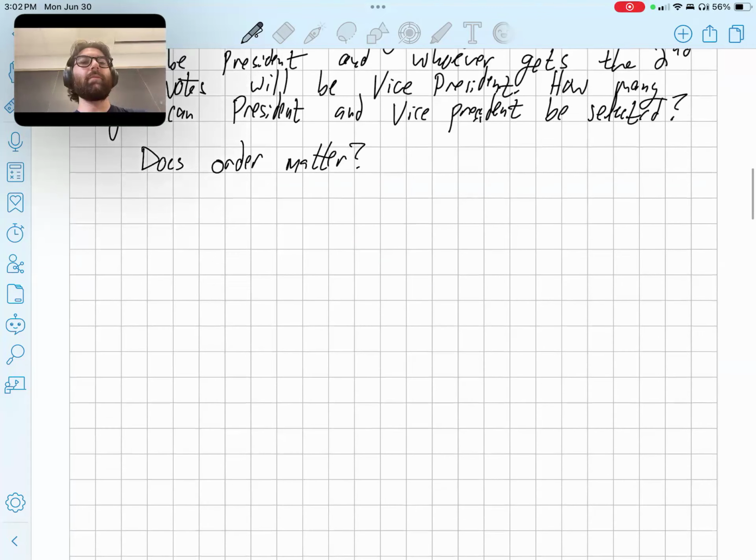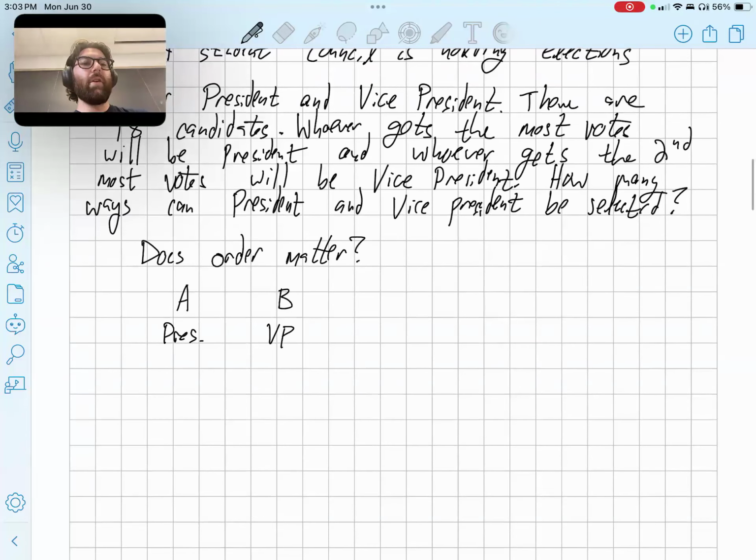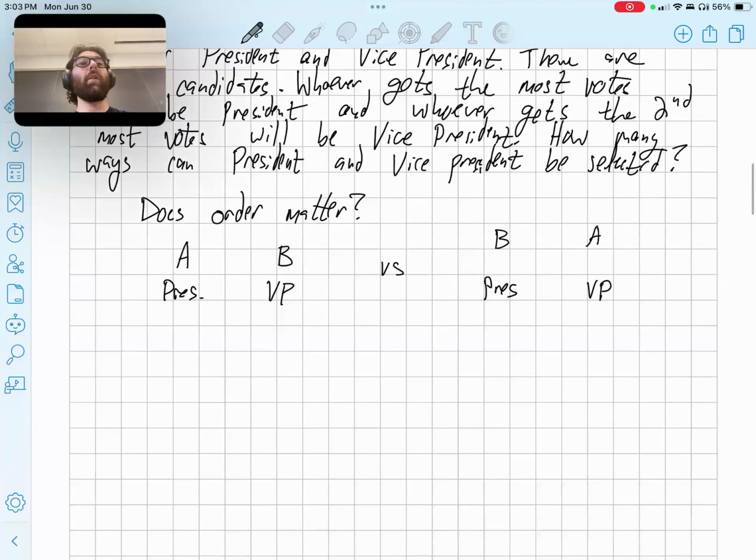Well, if I've got president and VP, if person A is selected as president and B is selected as vice president, versus B is selected as president and A is selected as vice president, are these different outcomes? I would say so.